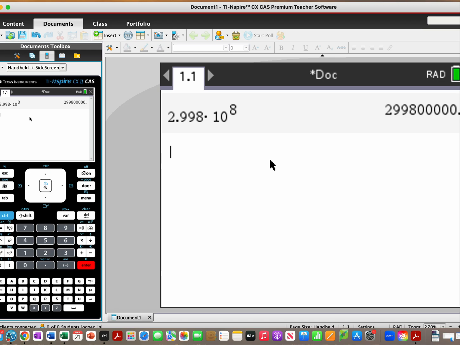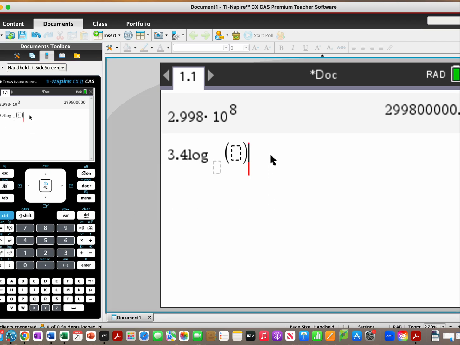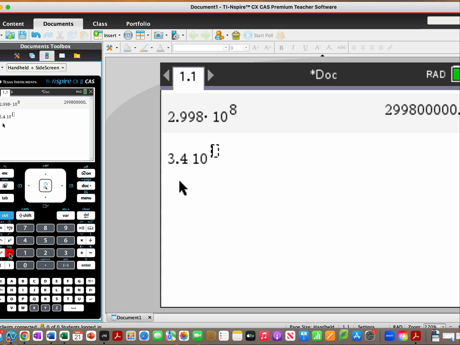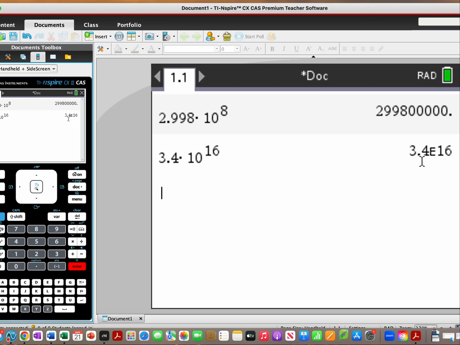All right. If I wanted to have something really large, let's say I had 3.4, and then 10 to, let's say, the 16. We're going to get an interesting term that looks like that, 3.4 E to the 16.